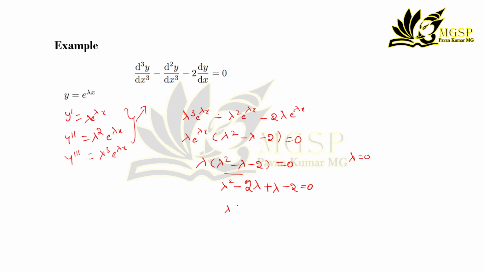Take lambda common: lambda, lambda minus 2, plus 1 common, lambda minus 2 is equal to 0. So roots are lambda is equal to 2, lambda is equal to minus 1.